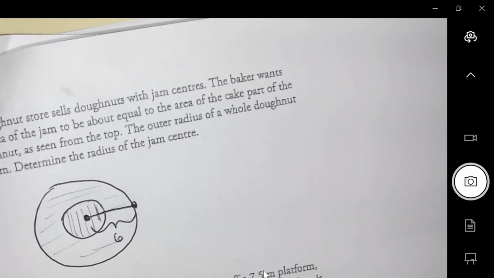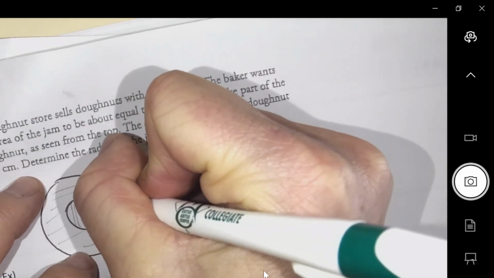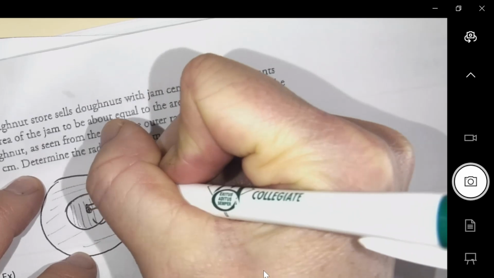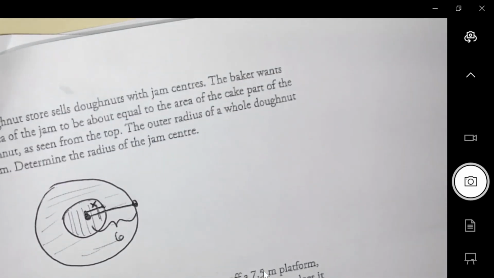That to that is 6 centimeters. That is a big donut. Okay, here's our variable. I do not know this radius, right? Because technically, do you see I have two circles in my drawing? I have a small circle and a whole circle, right?